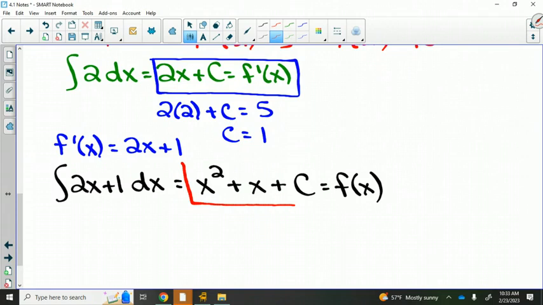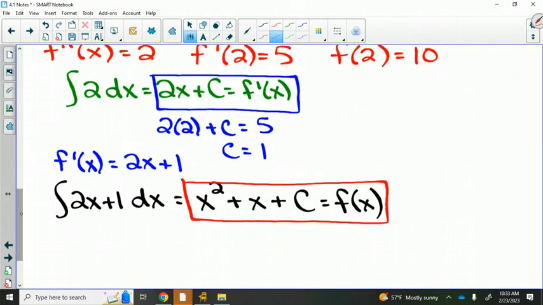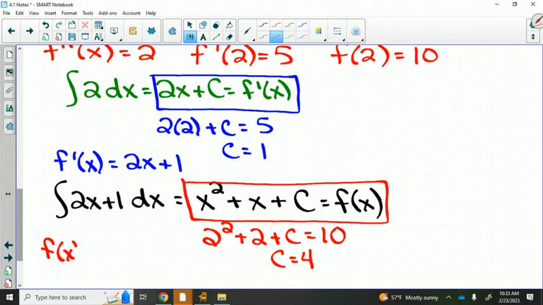So for this, we're going to plug in the information we know about the original. X is 2, and it's going to equal 10. So c equals 4. So then f of x equals x squared plus x plus 4. And there's our particular solution for the original graph.